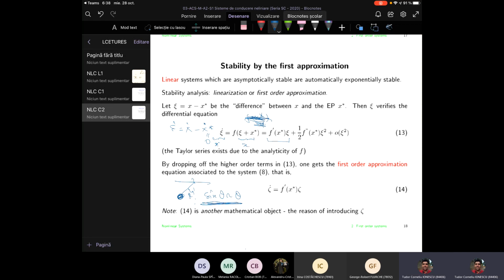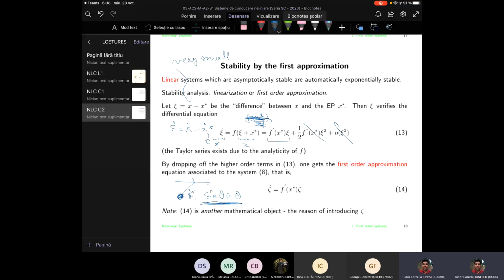This is the Taylor series approximation of f. Okay. We can write the Taylor series, or f admits a Taylor series expansion because it's analytical. It's usually a smooth function. Of course, we drop the higher order terms because we're talking about very, very small variation. This is very small, and since this is very small, the higher order terms are going to 0.